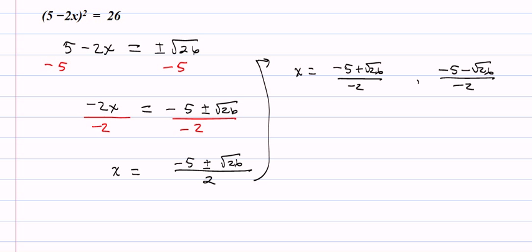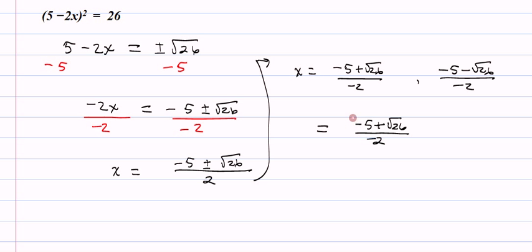And that's essentially the answer, but a lot of times when we have a fraction, we don't like a negative in the denominator, and we can fix that if we multiply both of these fractions. Take this one first: negative 5 plus the square root of 26 over negative 2.